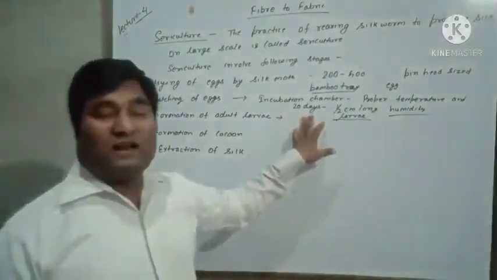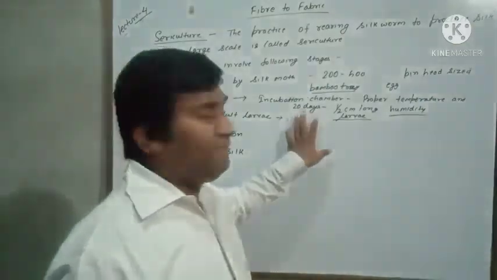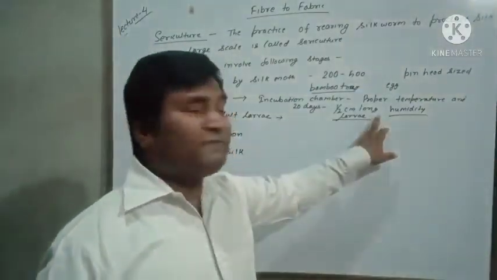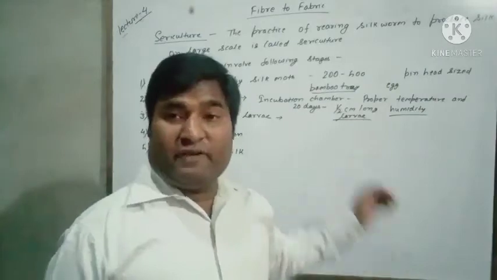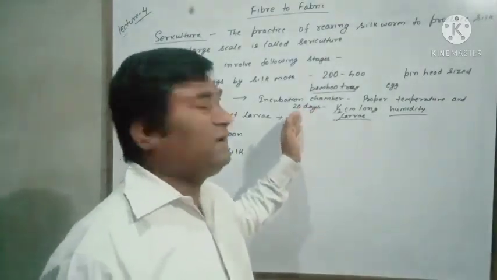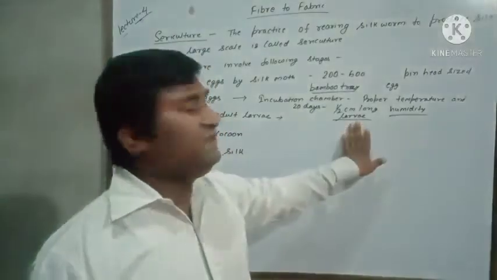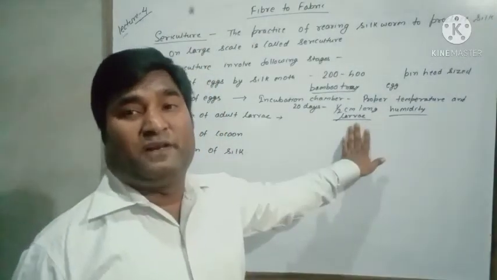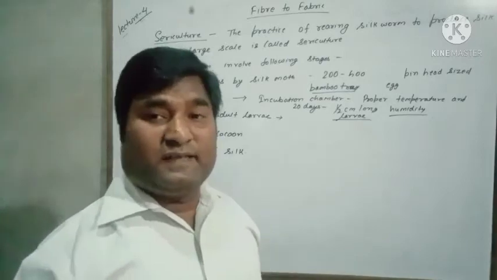The hatching of the egg has taken place in the incubation chamber, and the half centimeter long larva or caterpillar comes out from the hatched egg.